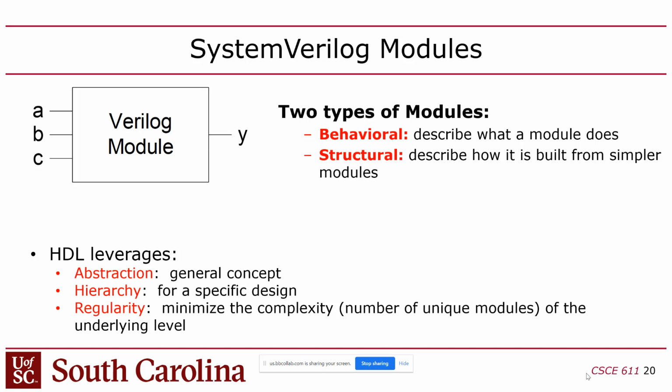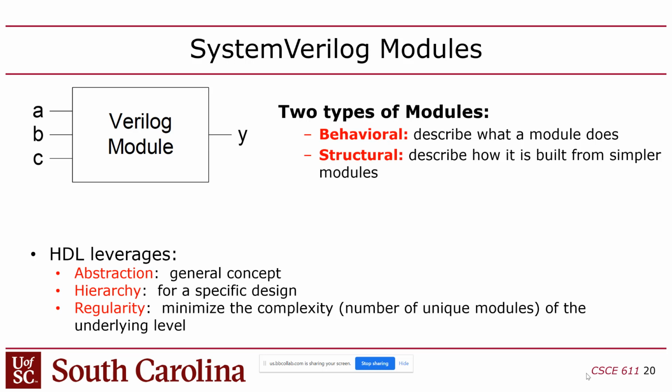Okay, so we have this notion of a module. I've been talking about hierarchy, regularity, and abstraction. All of that is kind of conceptualized in the module. This is the most important concept in HDL. Actually, in VHDL they call it an entity. In SystemVerilog it's a module, but it's the same thing. It's basically a logic circuit where you have inputs and outputs defined at the top, and then the behavior defined in the middle.